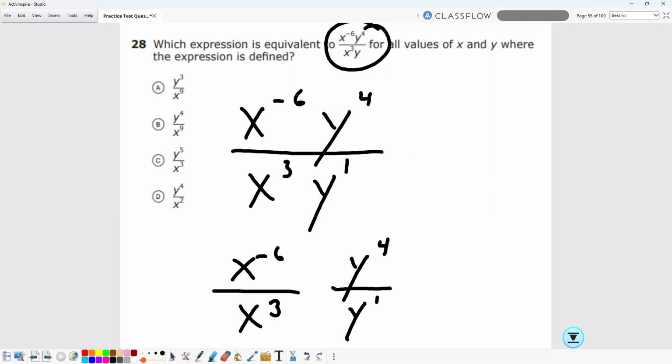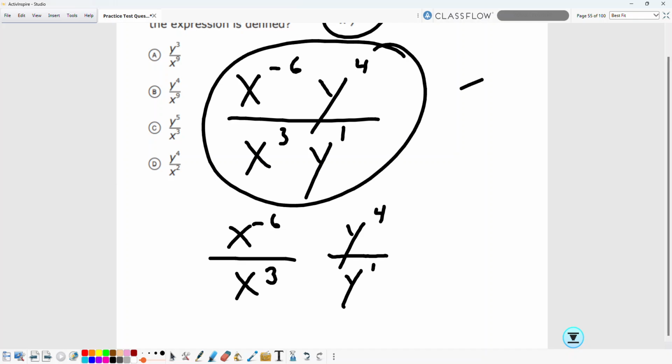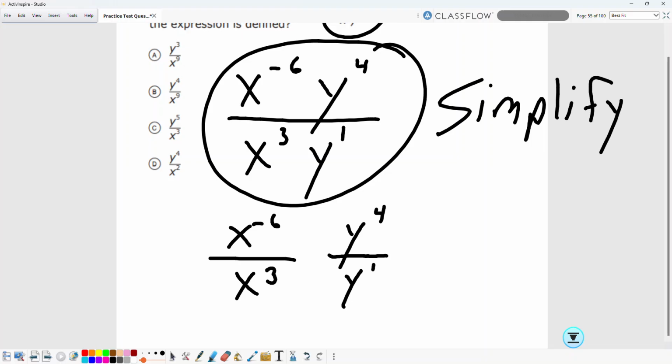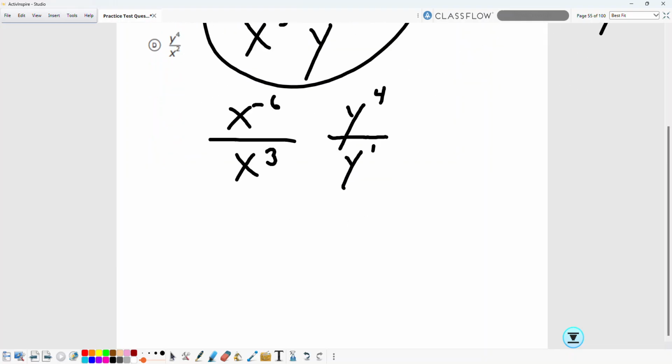So what we're trying to do is make this simpler. We want to simplify that. So let's take a look at our x. I'm going to scroll down a little bit. X is to the negative 6.